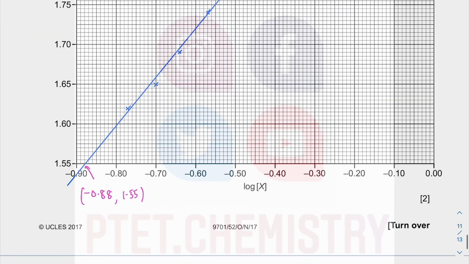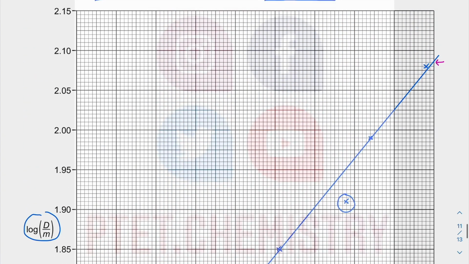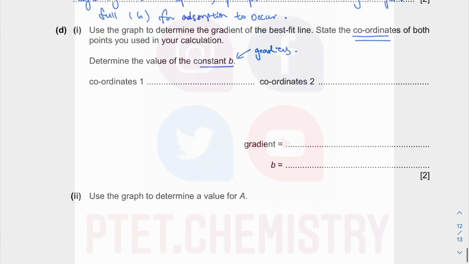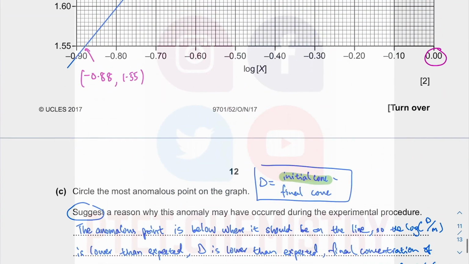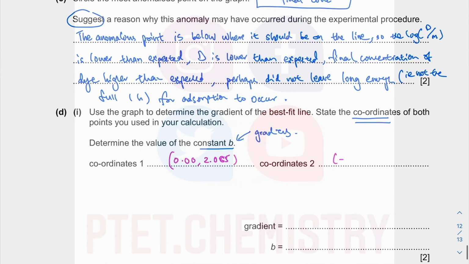That is 0.00 and 2.085. And the other point was minus 0.88 and 1.55.